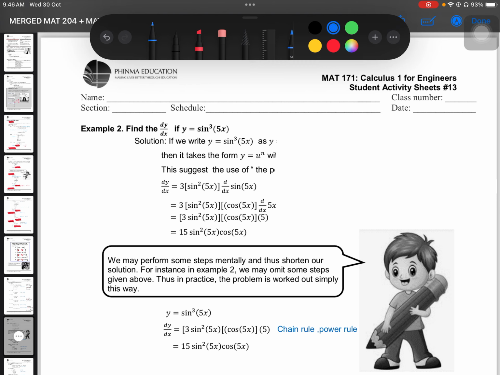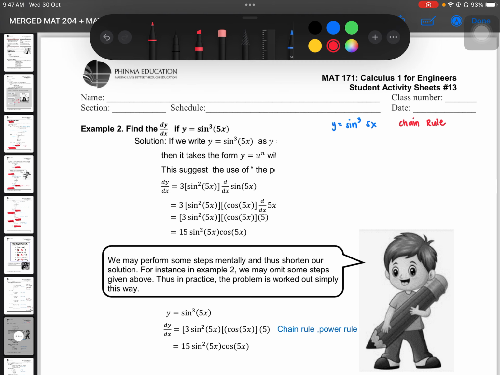Okay. So, we have to get the dy over dx or the y prime ng y is equal to sine cube 5x. Okay, so this is what we call the chain rule. Okay, ito yung gagamitan natin ng chain rule. So, sana natatandaan kung paano ginagawa natin sa chain rule. Okay? So, dito, baka malito kayo kasi we have u doon sa loob.